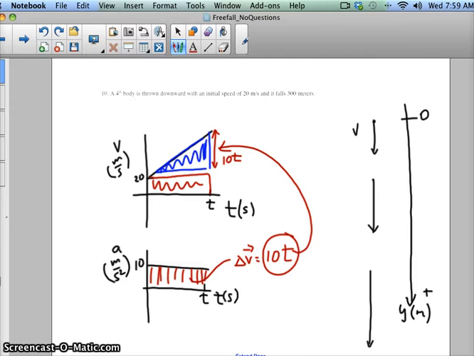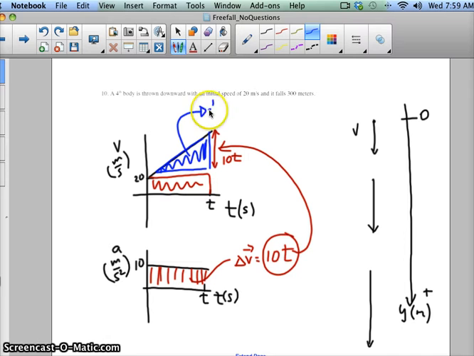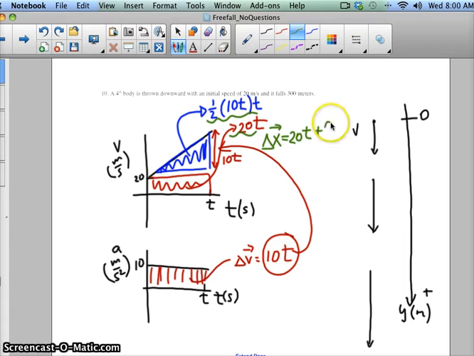So the area of this triangle is going to be 1/2, 10t is the height of that triangle, and t is the base of that triangle. Now, the area of this rectangle is going to be 20t, okay? I'll have to add this and this for my full displacement. So my displacement is 20t plus 5t squared.